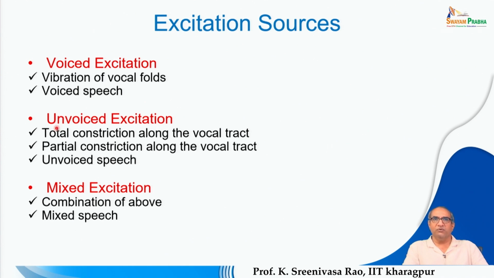Then similarly we have unvoiced excitation. Unvoiced excitation means that other than the vocal folds, excitation also takes place because of constriction around the vocal tract, either partial or complete. As I showed in the earlier figure, the constriction can take place at different places: the velum, soft palate, hard palate, alveolar ridge, teeth, lips.